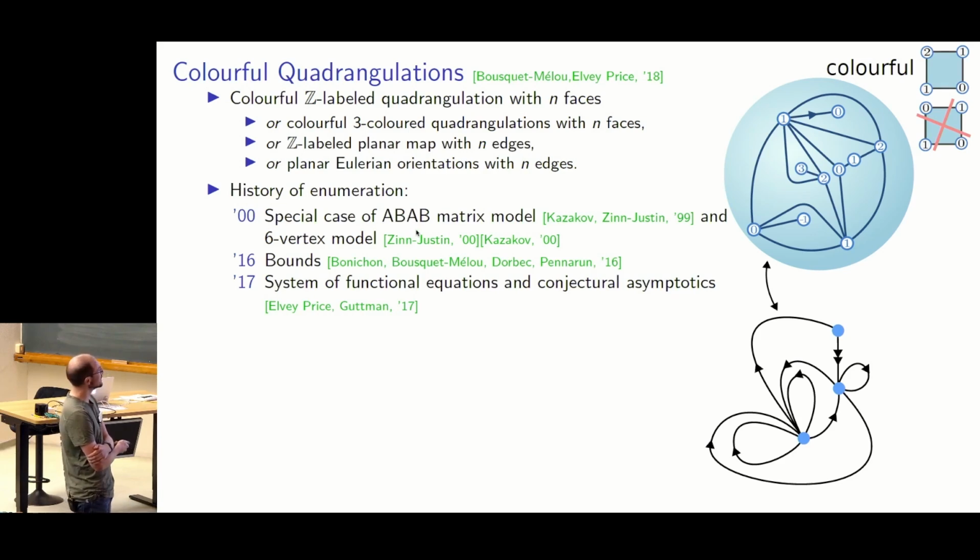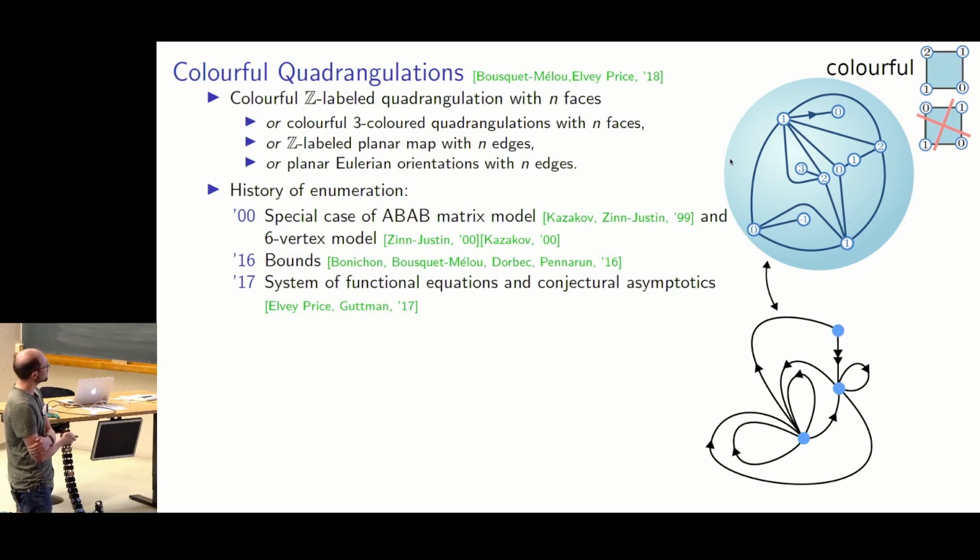So there is definitely a link also with this area. I think the first time the enumeration was attacked in the combinatorics literature was by Mireille and collaborators in this paper, where they found explicit families of maps that bound the enumeration of these labeled quadrangulations.